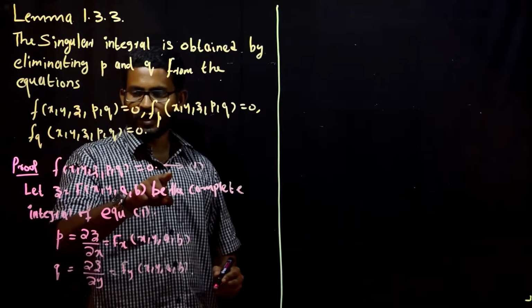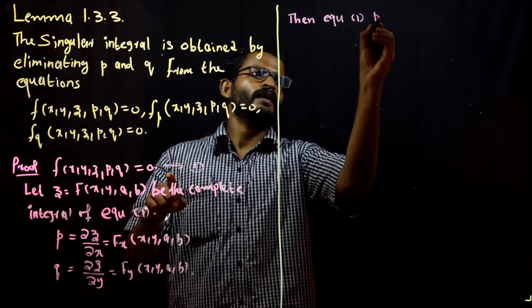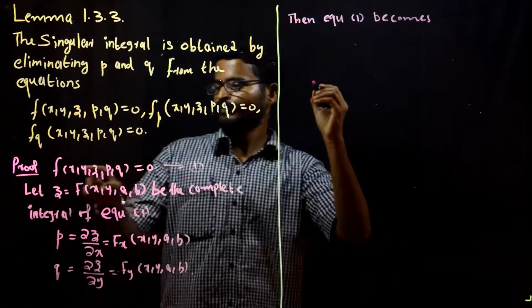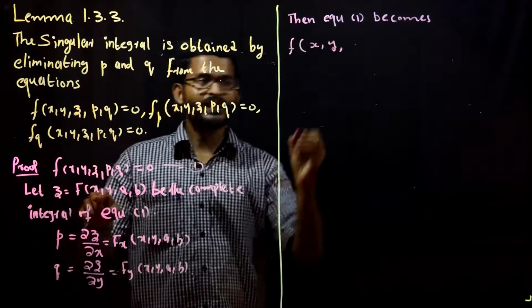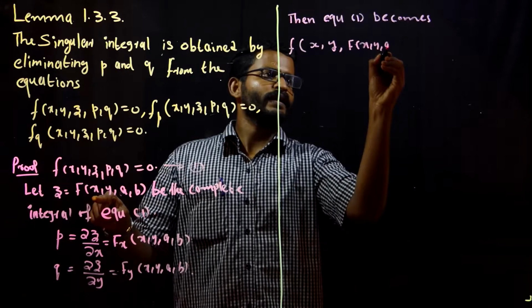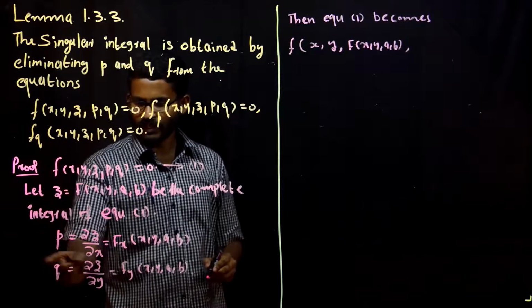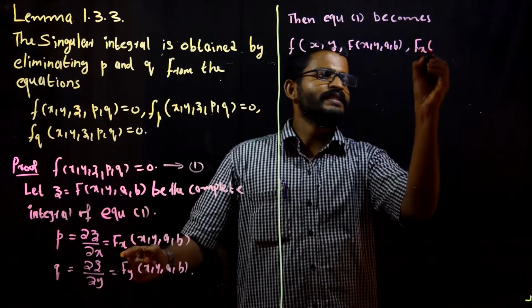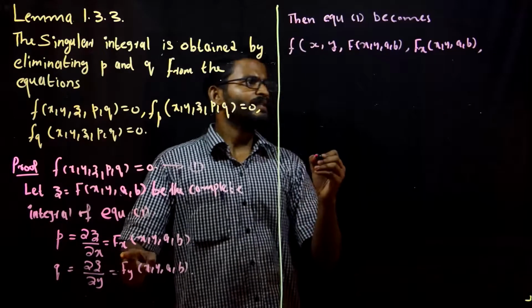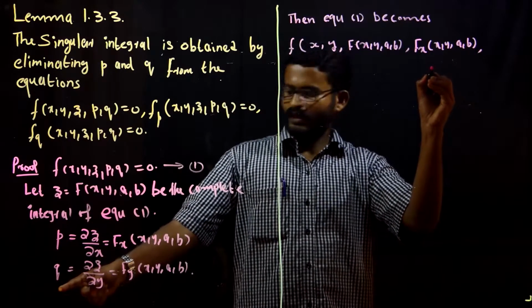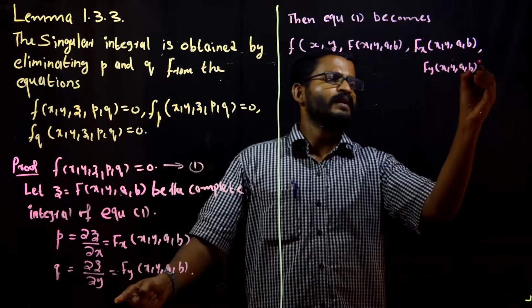Then we can write equation 1 as F(x, y, z, p, q) with z = f(x, y, a, b), p = f_x(x, y, a, b), and q = f_y(x, y, a, b), equal to 0.